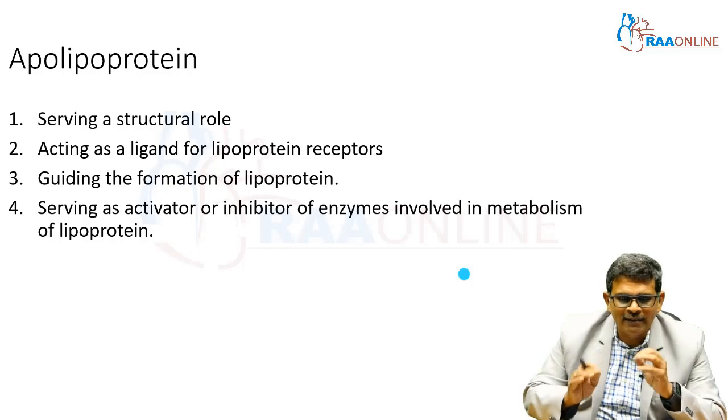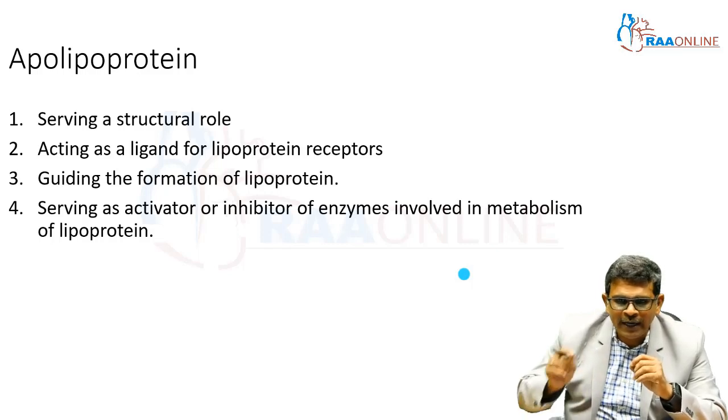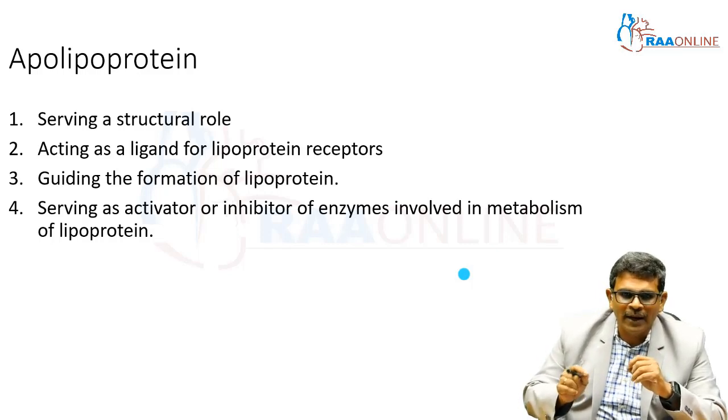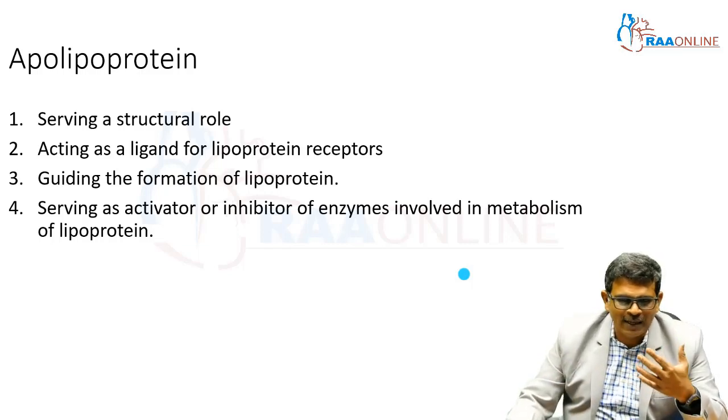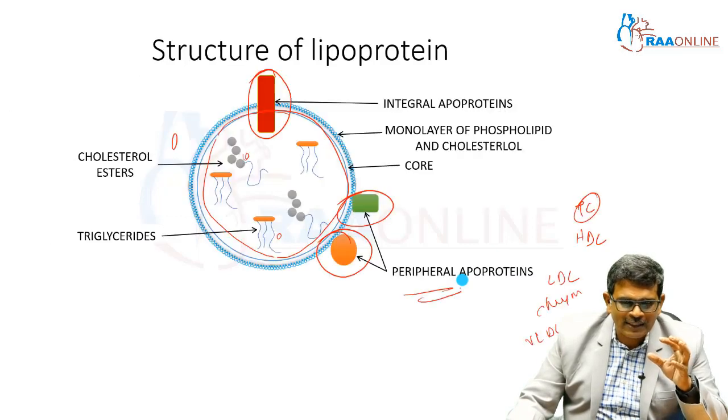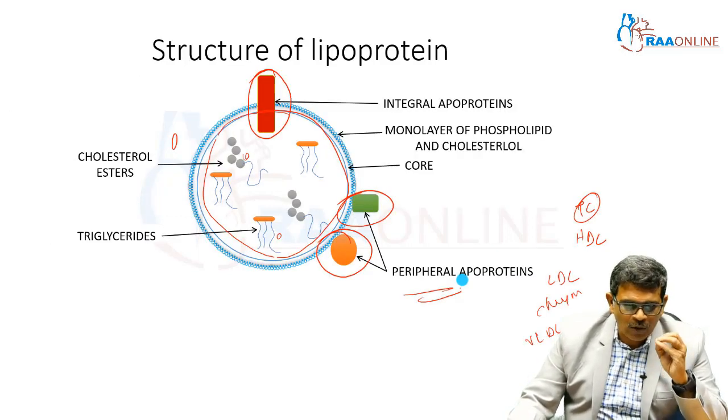It also serves as an activator or inhibitor of enzymes involved in the metabolism of lipoprotein. We will see shortly what the enzymes involved are. What we need to understand is that cholesterol cannot be transferred directly.